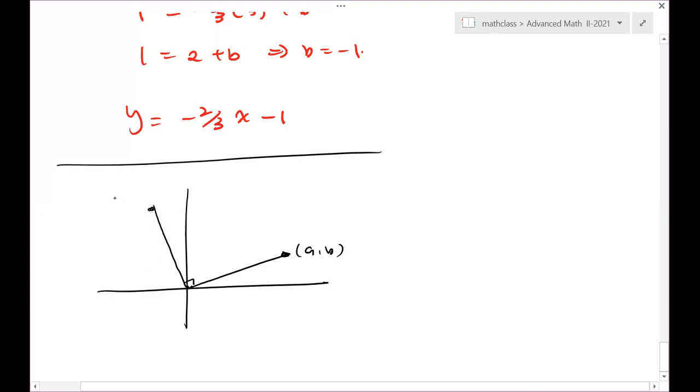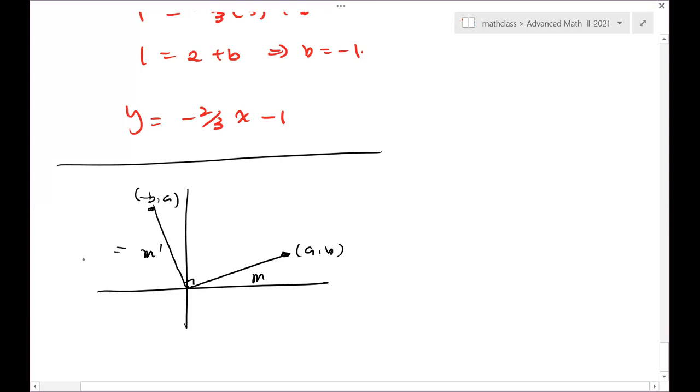The question is, what is the slope of the other one? As the slope here is m, this is m prime. And the coordinates of that point are going to be -b and a.